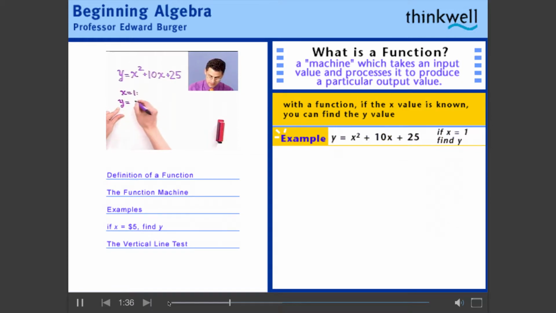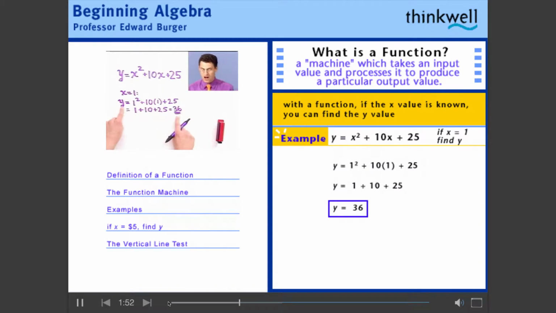Wherever I see an x, I put in 1. So 1 squared plus 10 times 1 plus 25. And what does that equal? Well, that equals 1 plus 10 plus 25, which equals 36. So y equals 36 when x equals 1. So the idea is if you input 1 into this function, out should come 36.